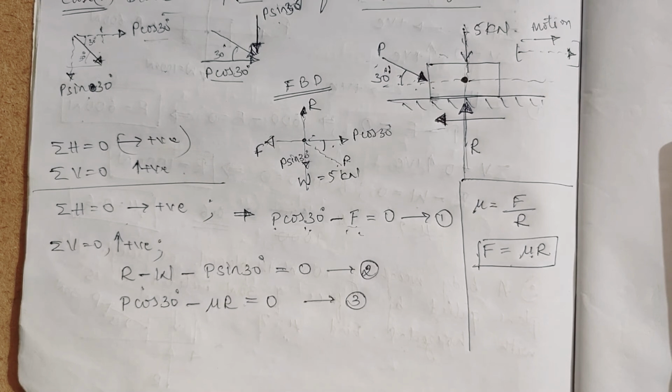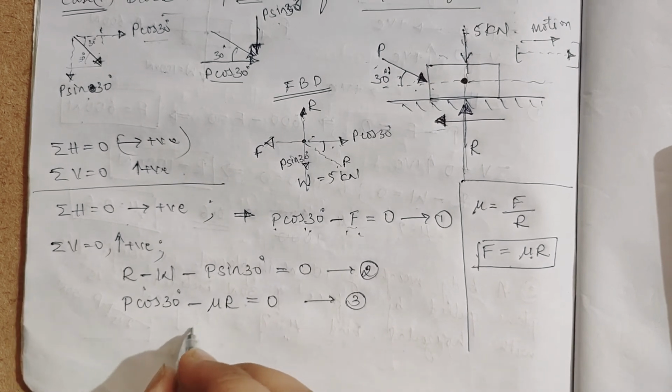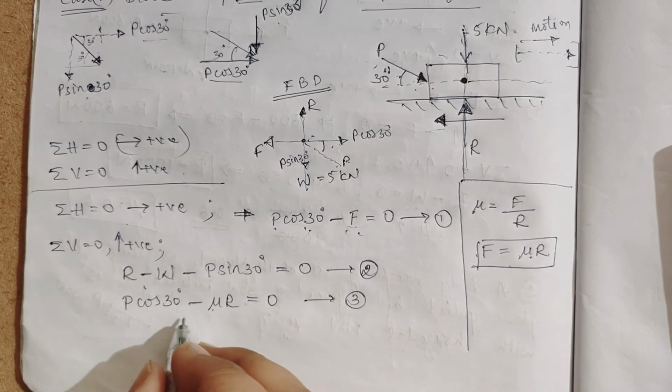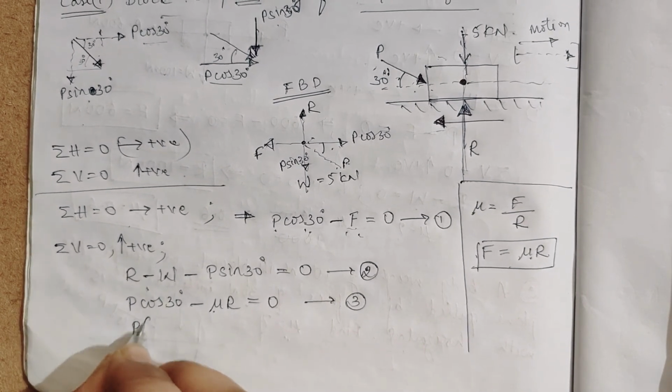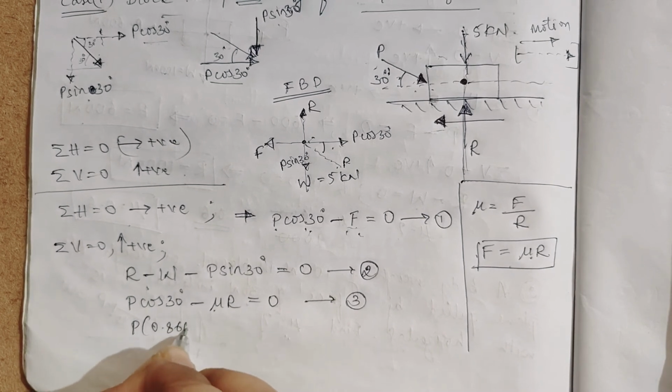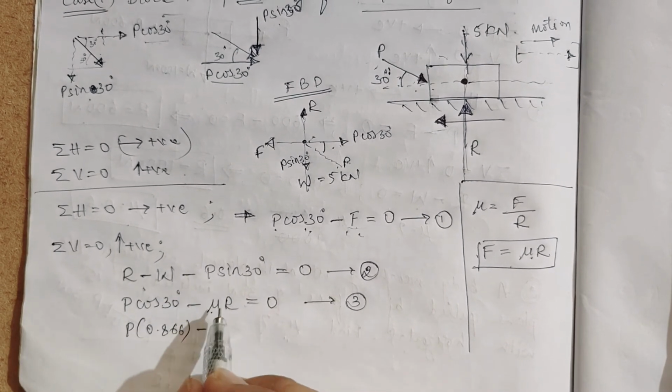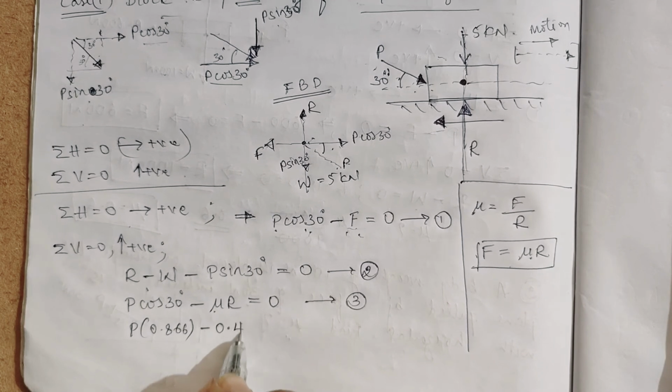Now we know the value of mu. Cos 30 is 0.866, so P into 0.866 minus mu, which they have given as 0.4, into R is equal to 0.